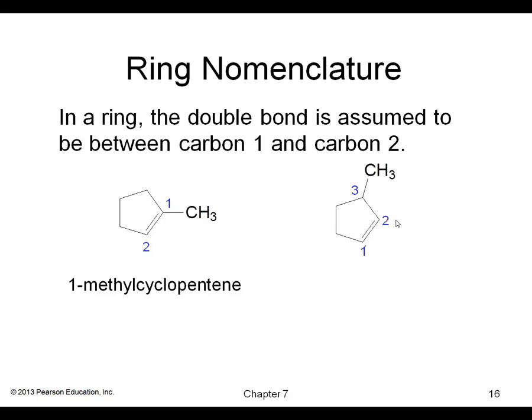No, if I started this as 1, then this would have to be 2 because I have to number through the double bond. And so I'd get all the way back over here and make this 5 to get to the CH3. So this ends up being 3-methylcyclopentene.